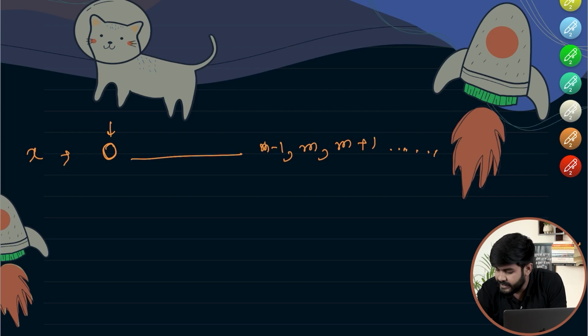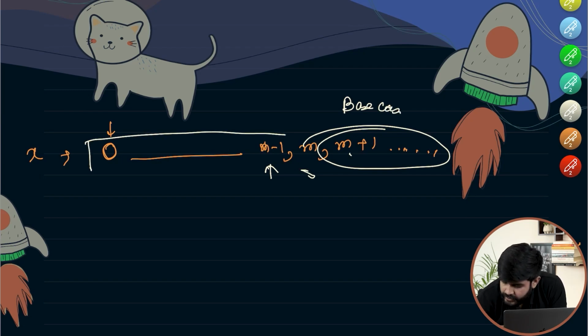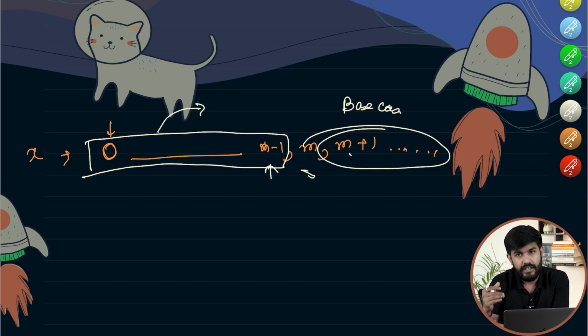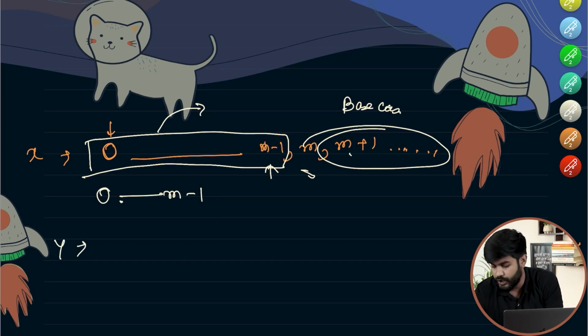So till this point x would be there, but if we hit m or more than the value of m, this would be handled by the base case. So you need to cater to the things which are not handled by the base case but would come into this recursion function, which is 0, the lowest value, and the highest value is m minus 1 for x. Do the same thing for y on your end and then verify.